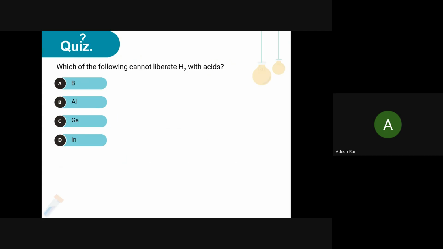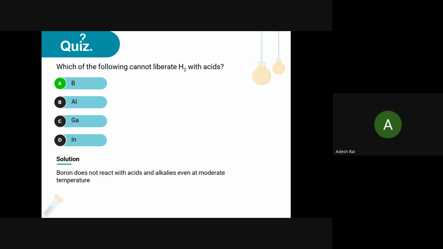Which of the following cannot liberate hydrogen gas with acids? Now, who cannot liberate hydrogen gas with acids? Boron. Very good. Because when metals react with acid, hydrogen gas is liberated. Boron is a non-metal, so it won't release hydrogen gas.